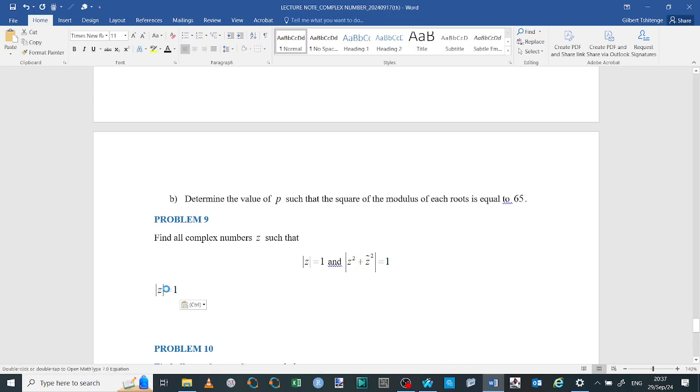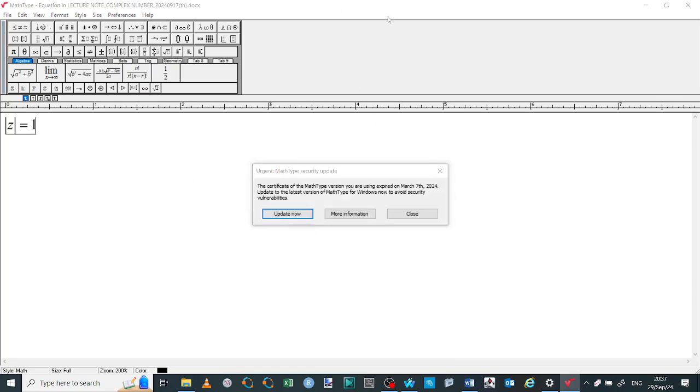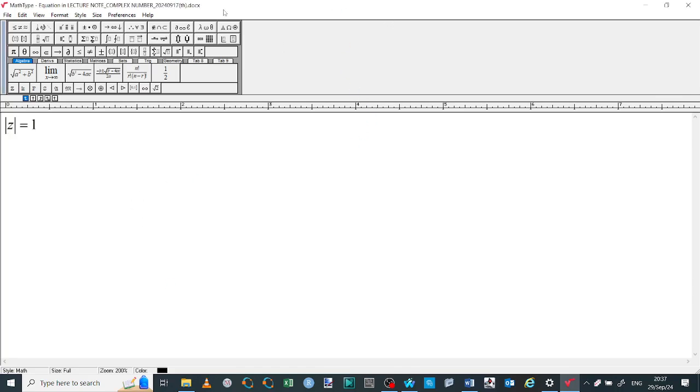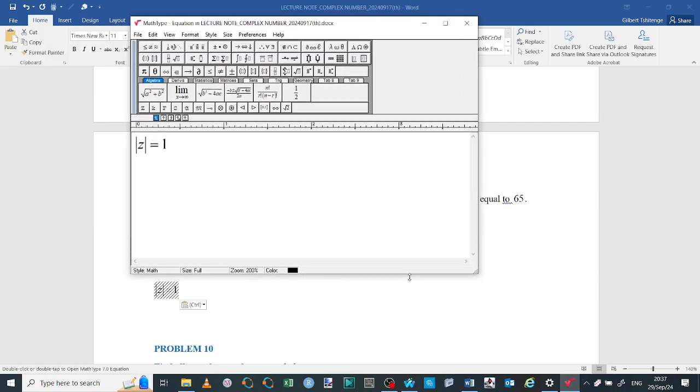Now, be patient with this software so that we can actually start working. It will be easier for us to just write z in exponential form.